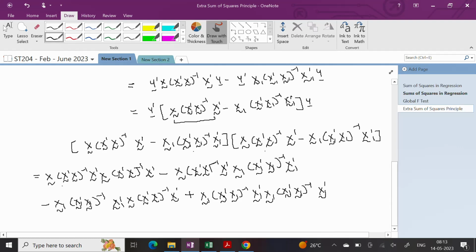So I have X prime X whole inverse and X prime X here, so this gets cancelled. Similarly, X1 prime X1 and X1 prime X1 whole inverse, this gets cancelled.